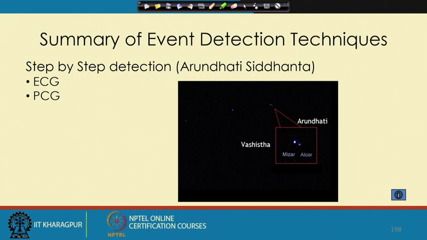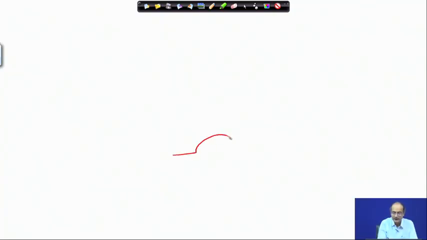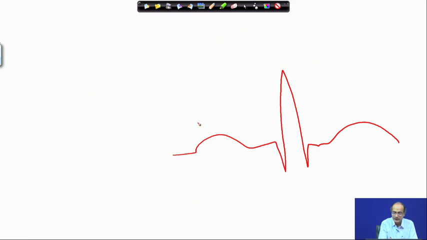For the ECG, for example, we are looking all the time at the QRS complex. Okay. The reason is that the QRS complex is the most prominent one. But you will see that the P and T waves are also important, and other segments are also important.